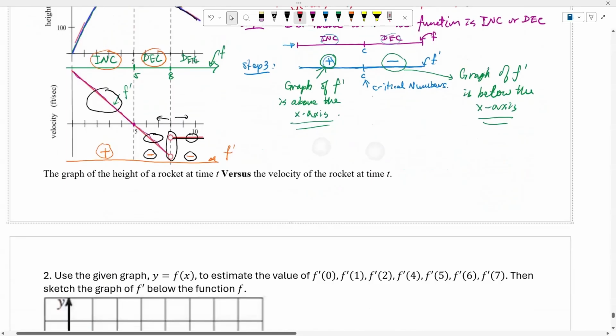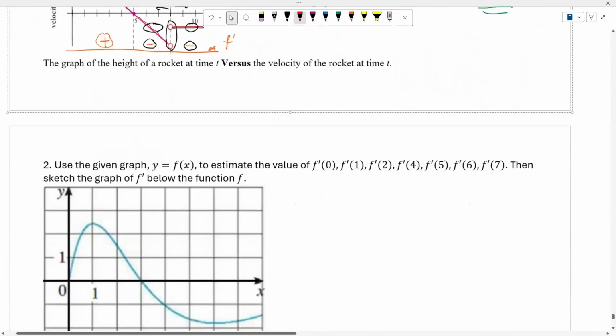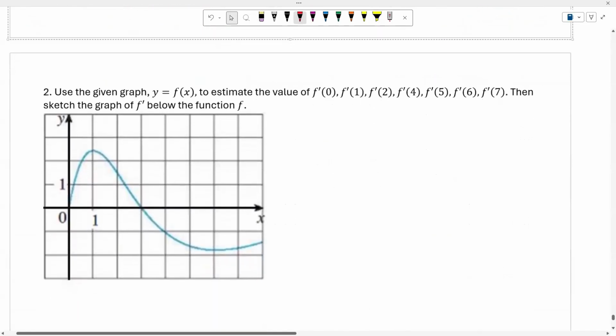Now, the next example is actually to give you an idea how to estimate the slope of the tangent line at a given number x.